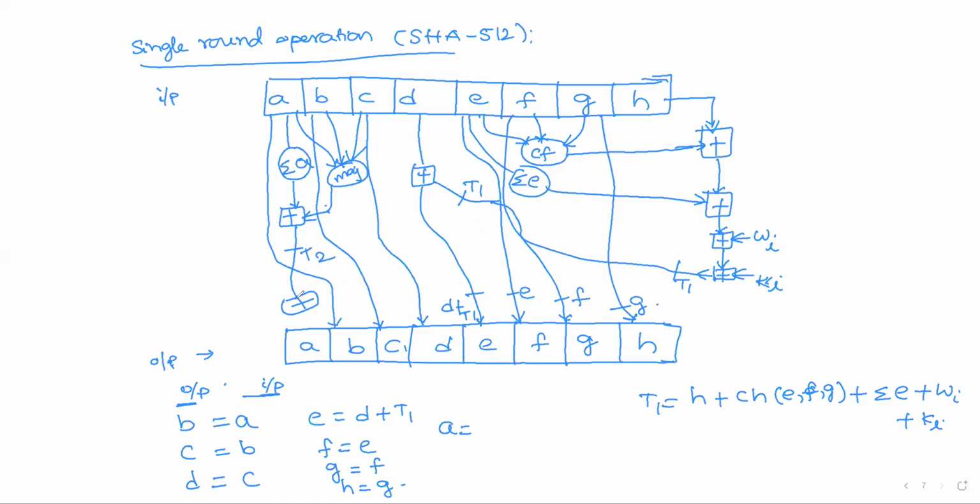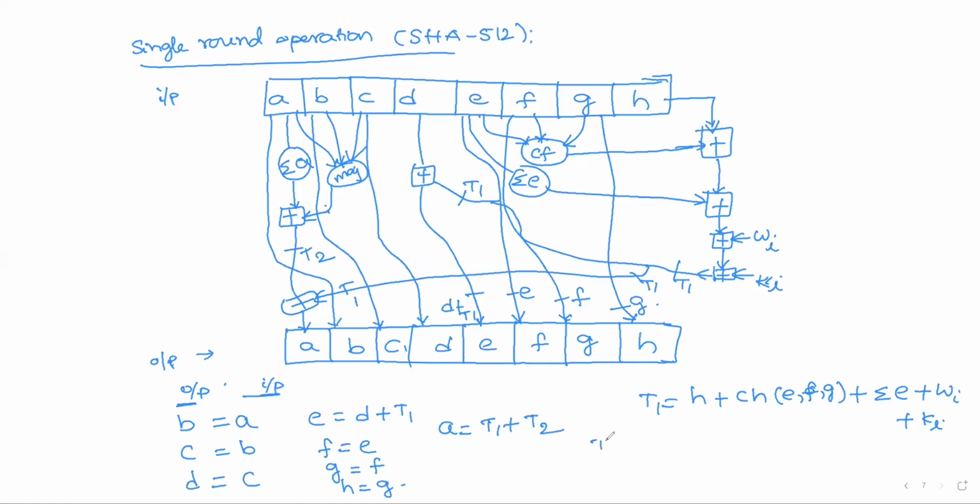So this T2 is given as input for addition modulo 2 power 64 operation. Another operand for that is T1. So the output of this will be given for A. So A is assigned with T1 addition modulo 2 power 64 T2.